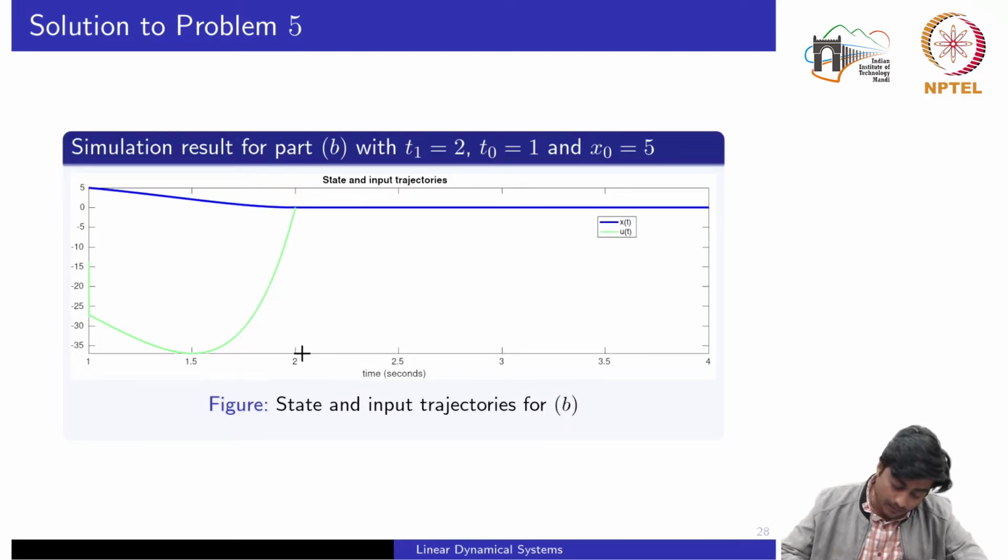Okay, so we need to ensure that starting from t0 the state should reach 0 by time t1, and afterwards it should stay at 0. Okay, so supplying the same control input that we had computed, you would notice that the desired objectives have been achieved.